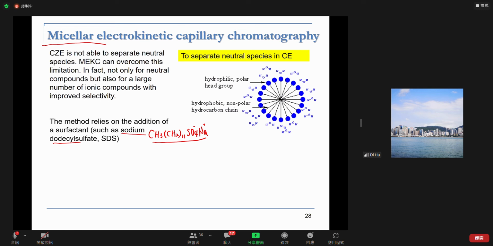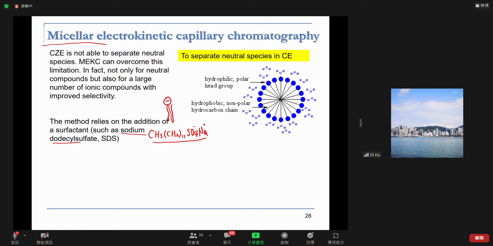You can see that SDS has a C12 carbon tail, and it has a sulfate head. It has a negative head and a hydrophobic tail.